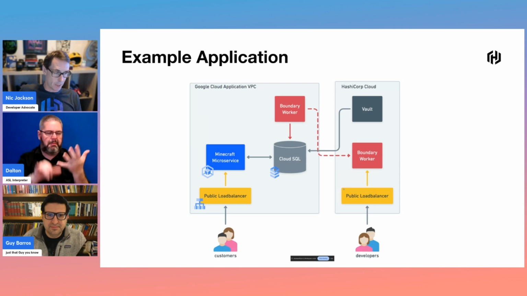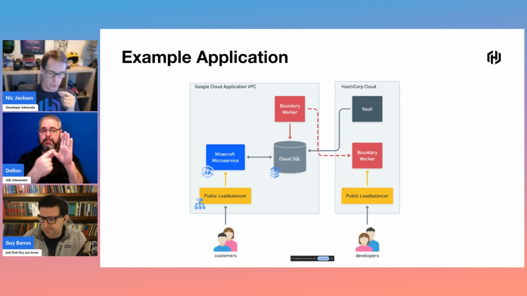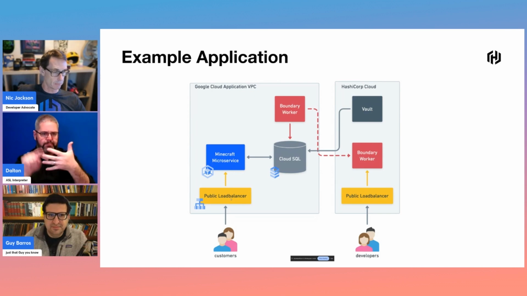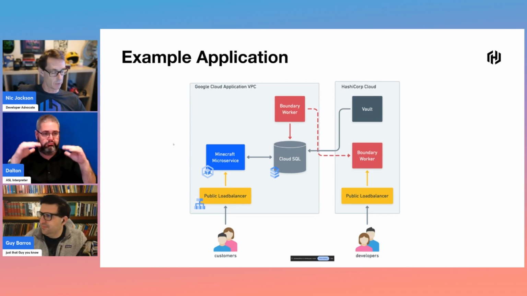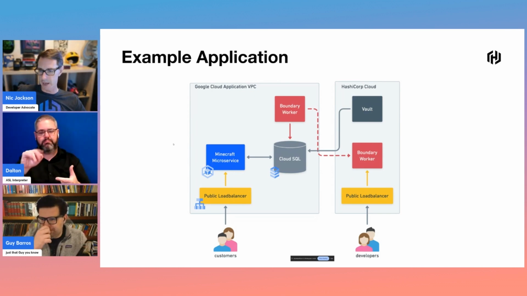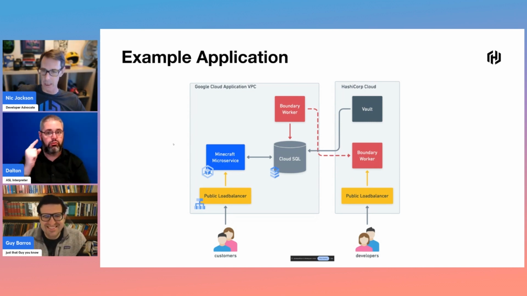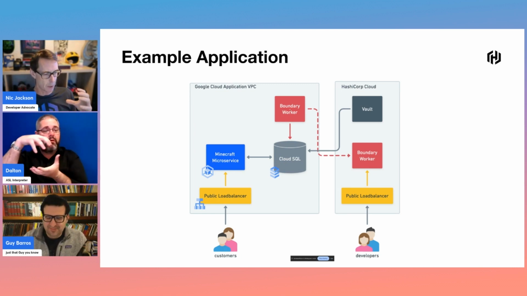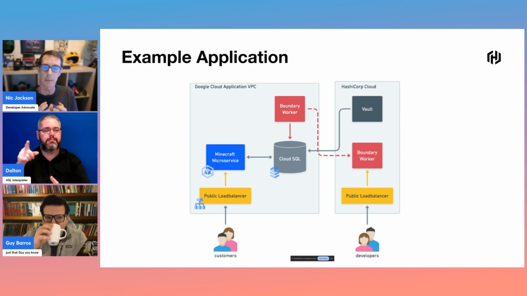So this is our example application. This is what we're going to run through here. We have a public load balancer. We have a microservice which is written in Minecraft, and I will get to that in a moment. But yes, you did hear that correctly, and it isn't early, and I didn't make a mistake. We're also going to have this Cloud SQL database, and that's a typical bounded application setup.